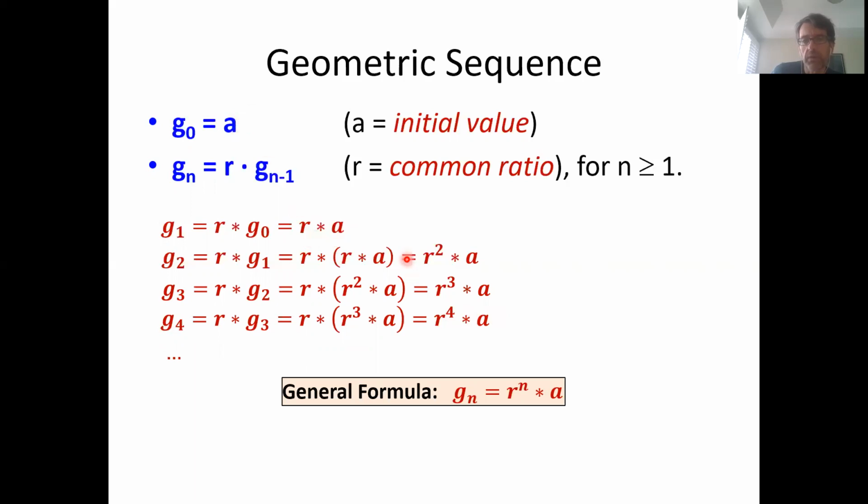Here is R to the 1, R to the 2, R to the 3, R to the 4, right? And using induction, you can prove that this is the correct formula for all n. It's the only formula that satisfies this recurrence relation.